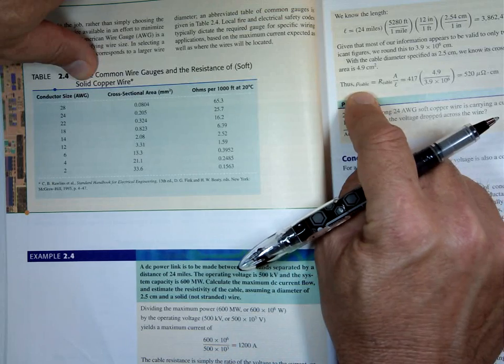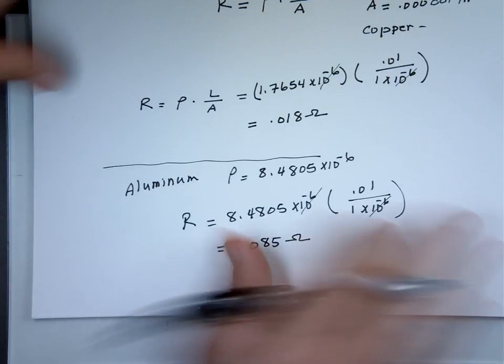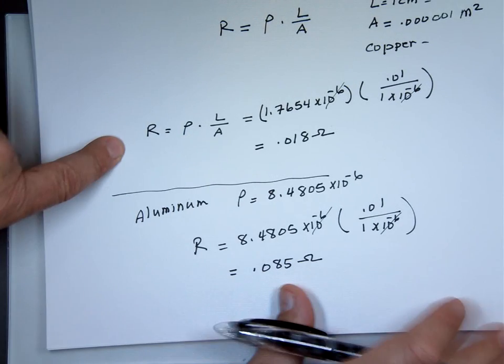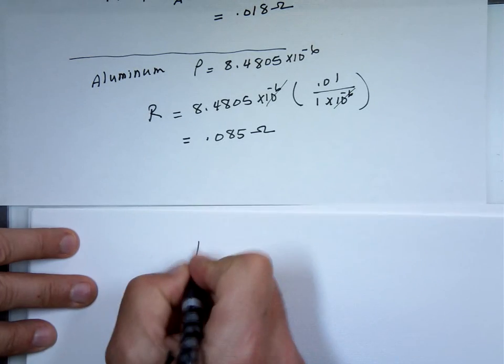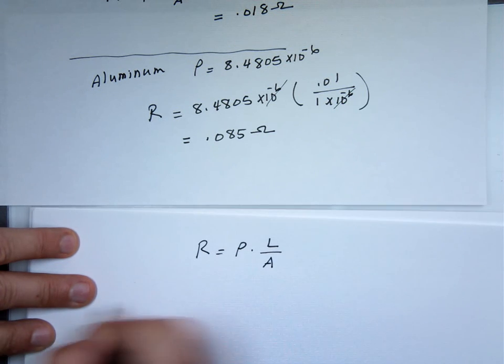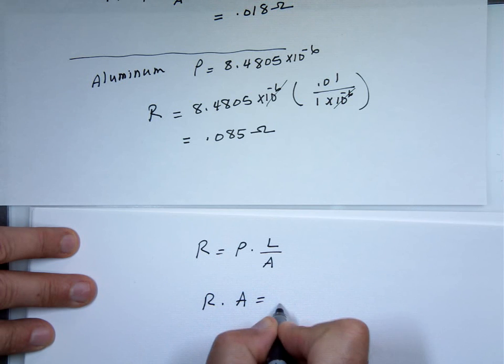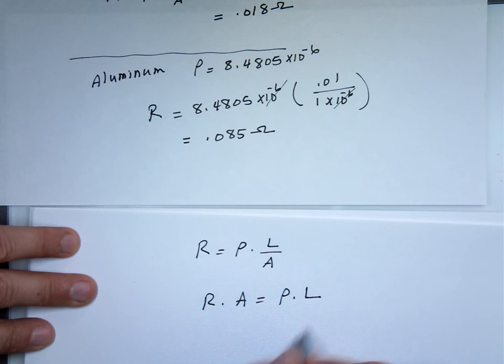If you have R equals rho times L over A, and you multiply both sides by A, you have R times A equals rho times L. So what is rho equal to? R times A over L. And that's the equation they're using to calculate rho for that example.